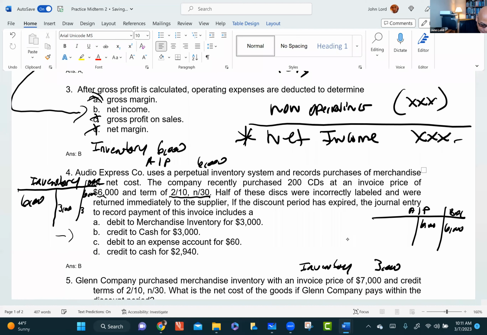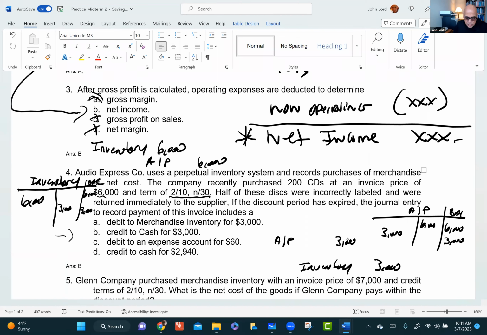I post that. That leaves a balance of 3,000. And if you send something back, do you owe the person the money anymore? No. So I debit my accounts payable for 3,000. So now I still owe what? 3,000 on that bill.